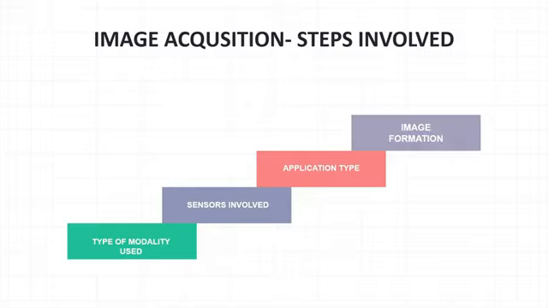Next one, image formation. It is very important in image acquisition how the image is formed. The image is formed mainly based upon eye vision, how we capture the image. And in this image formation, the main point to be remembered is the illuminance.